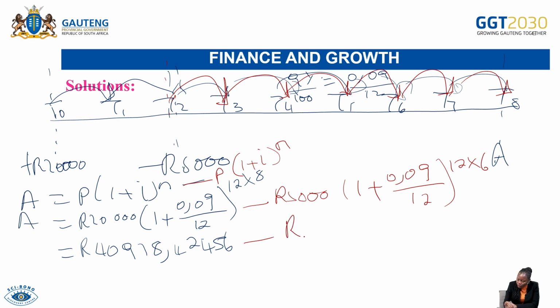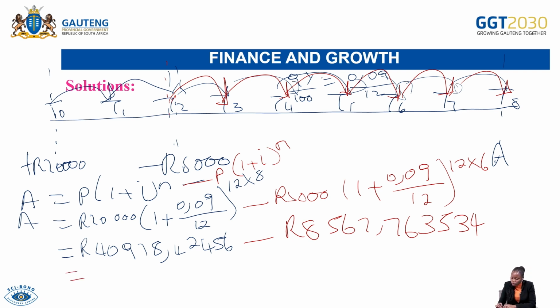So it is going to be 8,567.763534. So you subtract: 40,978.426 minus 8,567.763534.